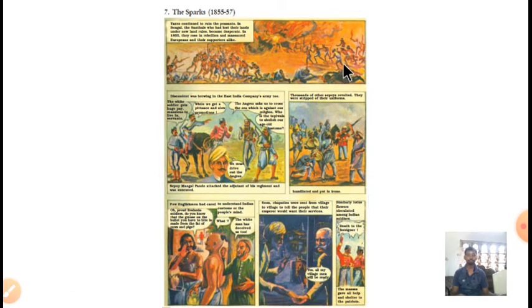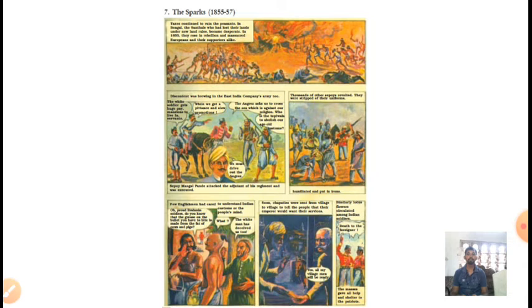So the first war began in Meerut, led by one of our greatest leaders, a patriotic man known as Mangal Pandey. So let's see the first portion of the point, the sparks, 1855 to 1857.